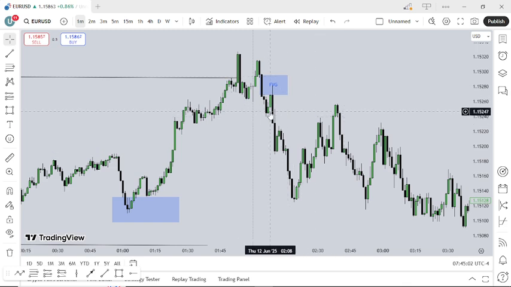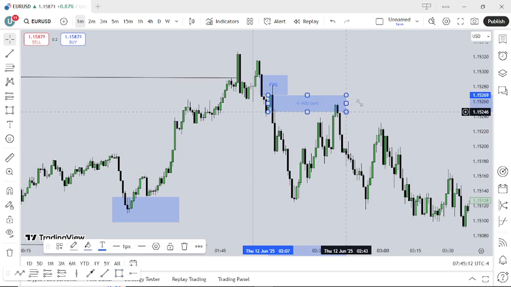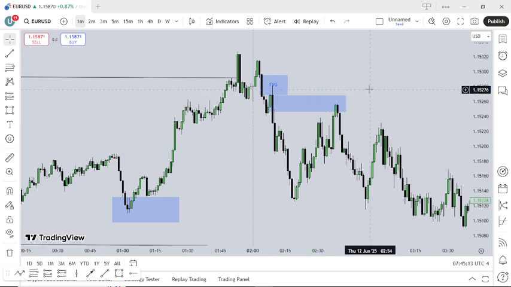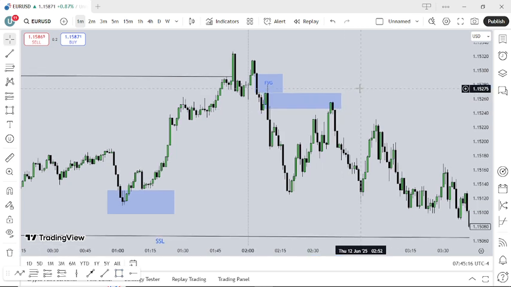Then notice again, after this we also have another block that formed again. Remember what I'm trying to explain, that when an institutional order flow starts, price always respects those.